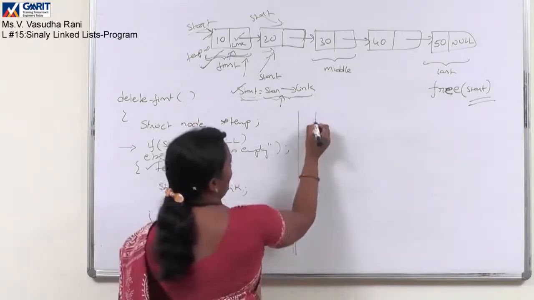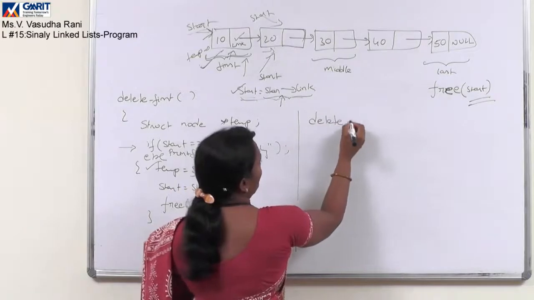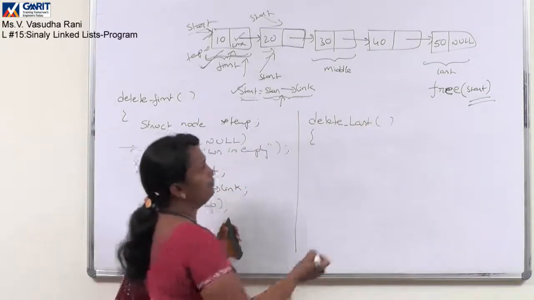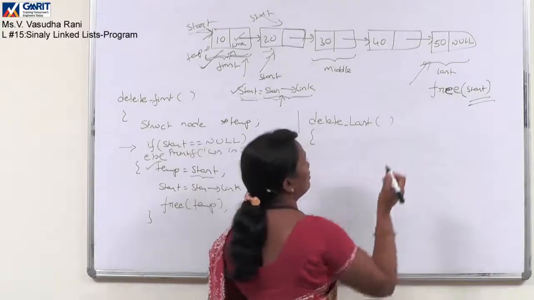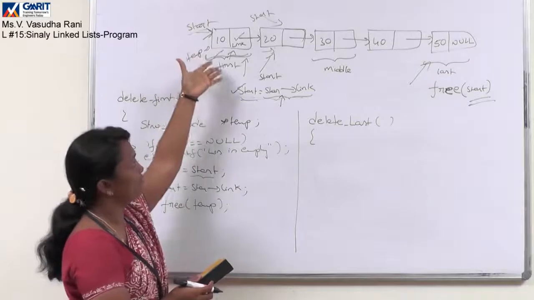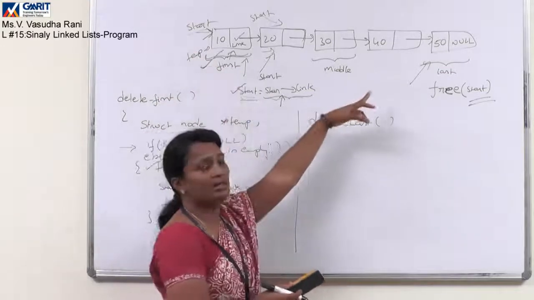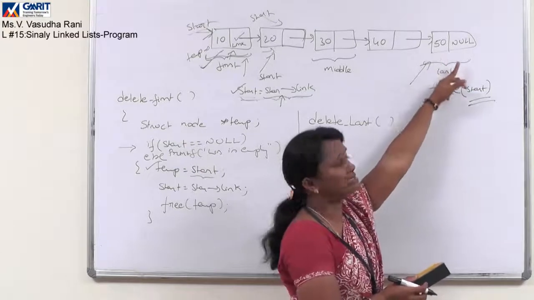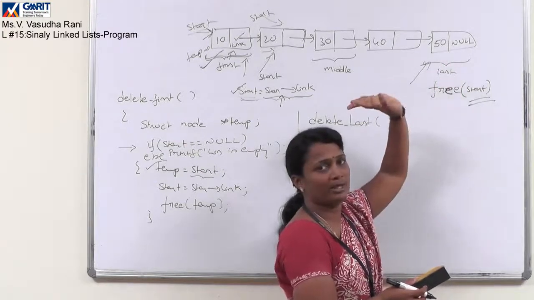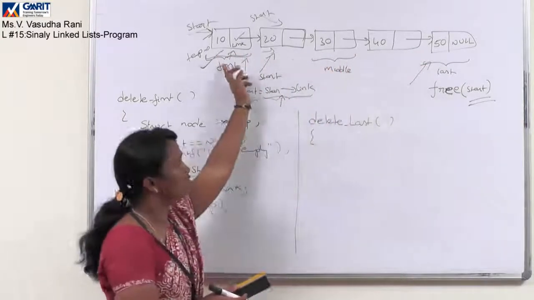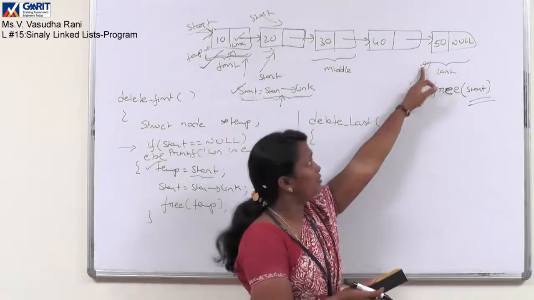Consider the situation of deleting the last node. If you need to delete this last node, it is clear that from the start pointer, from the first node, you have to traverse till the last node. How can you identify the last node? The last node's link part will always have a null. So you have to traverse this list from the first node till the last node.